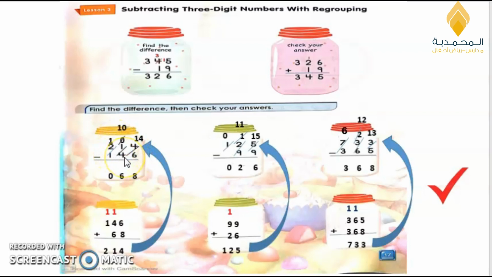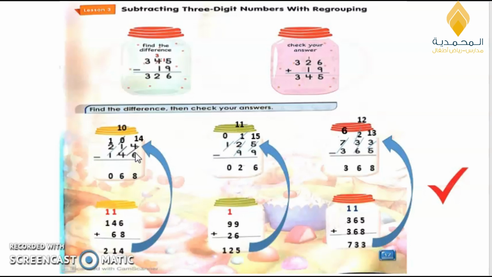Then start subtracting from the ones place. Okay, so this is the ones place. 4 minus 6, we cannot do it because we cannot take away 6 from 4. Okay, what we should do, let's move to the next digit and take 1, or borrow 1, from it.